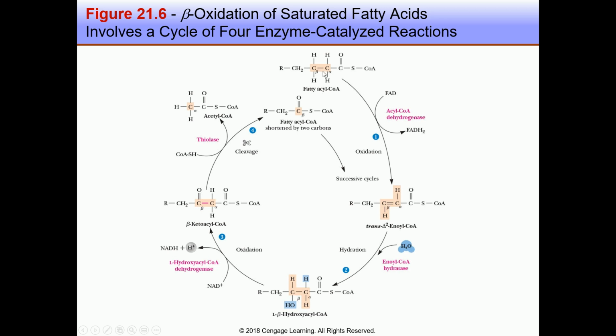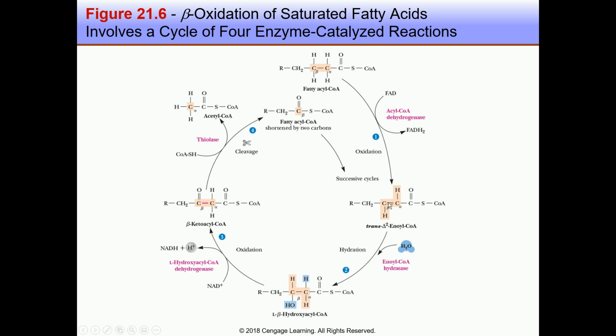So these are your carbons from which these hydrogens are removed, and when these hydrogens are removed, it will result in the formation of double bond here. And then this compound is called trans enoyl coenzyme A, okay.